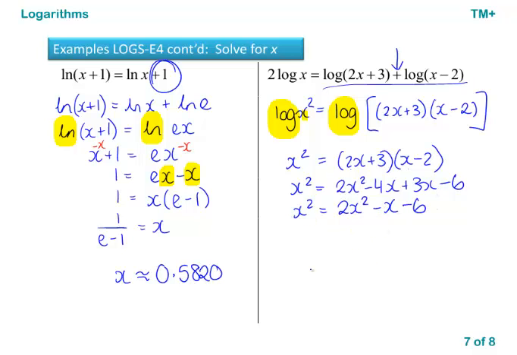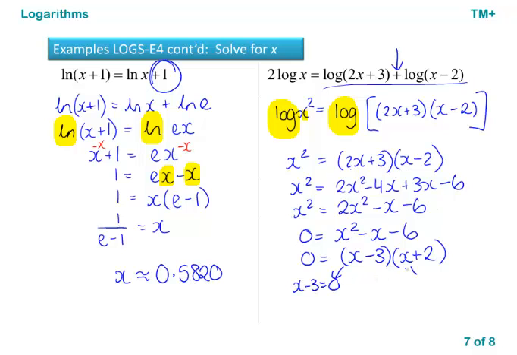I'm going to take that x squared over to the other side, so I'm going to take x squared from both sides. So I end up with x squared take x takes 6. I can now factorise that. And from there, x take 3 equals 0, x equals 3, x plus 2 equals 0, x equals negative 2.